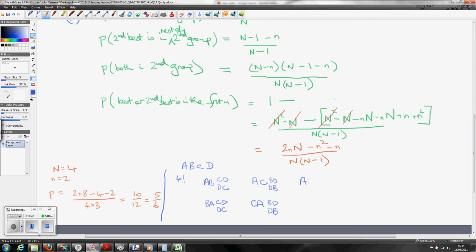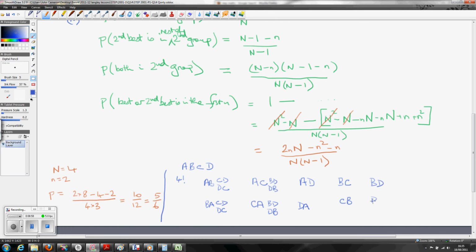So we could have AD first, we could have DA, we could have BC first, or CB. We could have BD first and DB, and finally we could have CD first or DC, and each of those have 2 possibilities for the way the last 2 are fitted in.